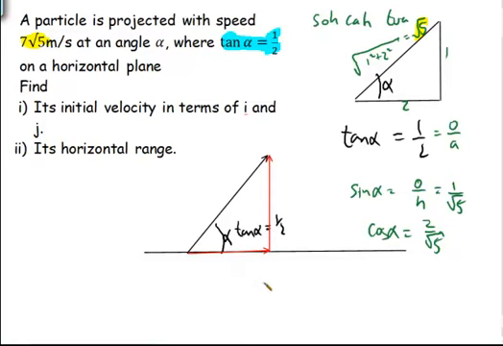So I'll do the i component in red there. If that's alpha, and we know the hypotenuse is 7 root 5, we know that cos alpha is equal to the adjacent over 7 root 5.